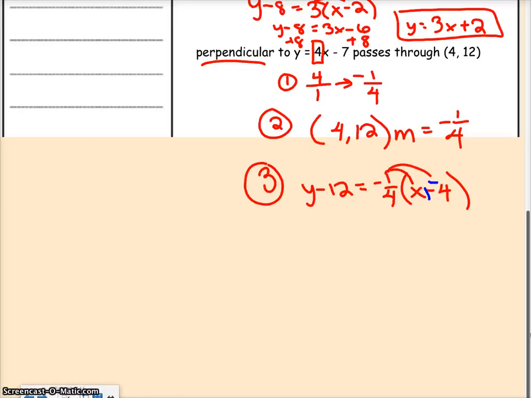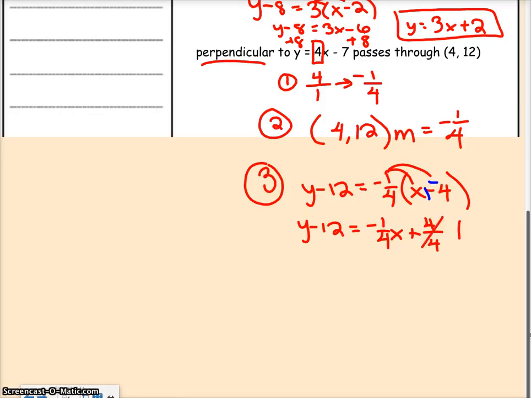You can, trust me. So now I have y minus 12 equals negative 1/4 x. Now remember what we said, when I times a fraction, you times it by the top, put it over the bottom. So negative 1 times negative 4 is 4 over 4. What does that turn to? 1.